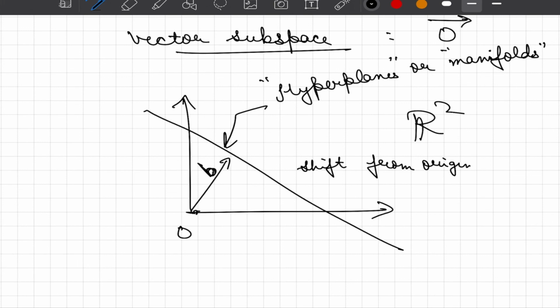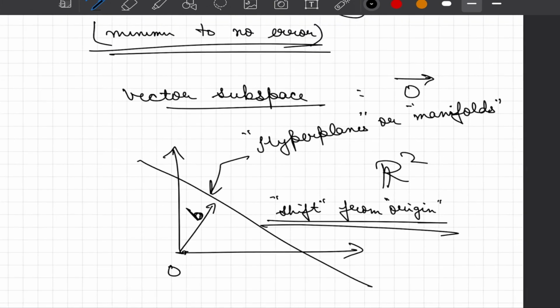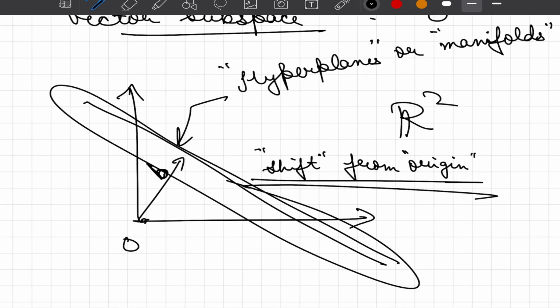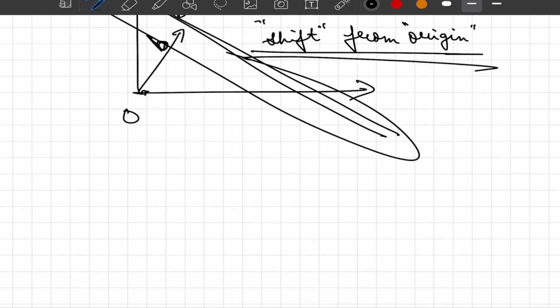And when we deal with the mathematical aspect of support vector machines, we will call such elements that are shifted away from the origin hyperplanes, and we will try to pose the SVM as the problem of hyperplane positioning. Thank you.